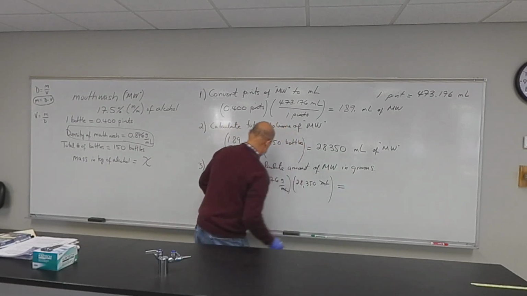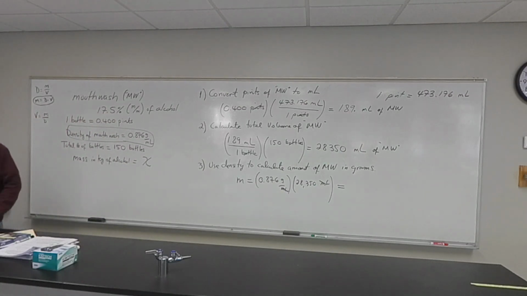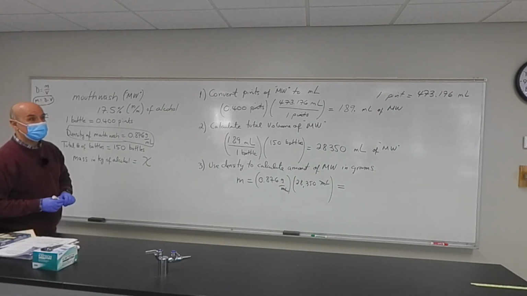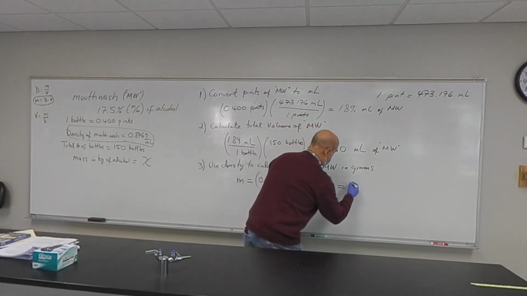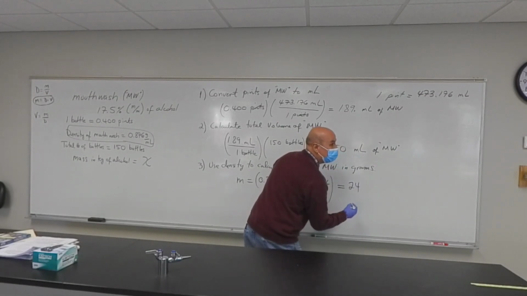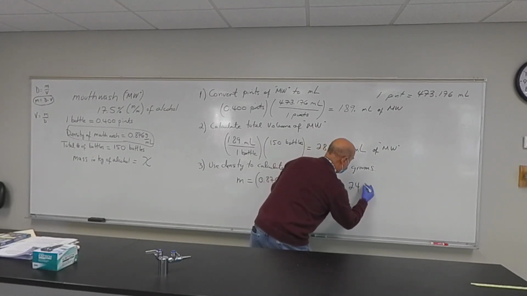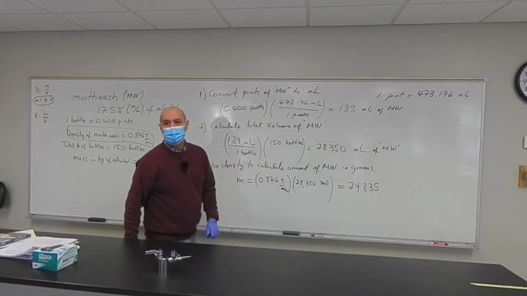And the answer is going to be the mass of mouthwash in all of the 150 bottles of mouthwash. 24,834.6. So 24,834. I'm going to just go to 835.